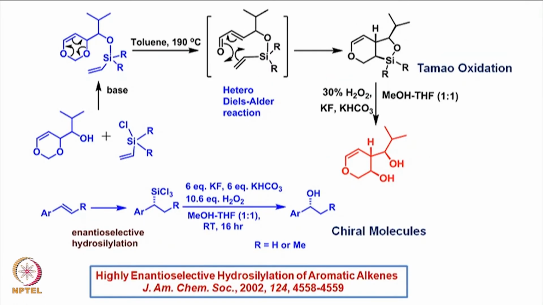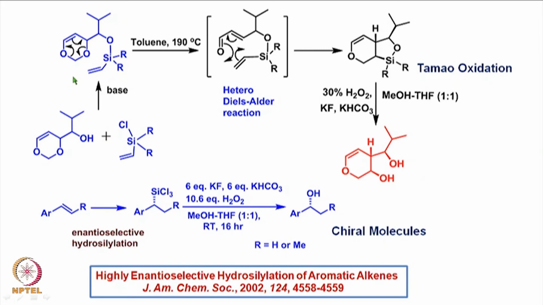Now there is a very interesting reaction that we would like to look at, where this particular organosilane compound has been converted into a very useful dihydroxy molecule of this kind, which is a useful synthon in organic synthesis.